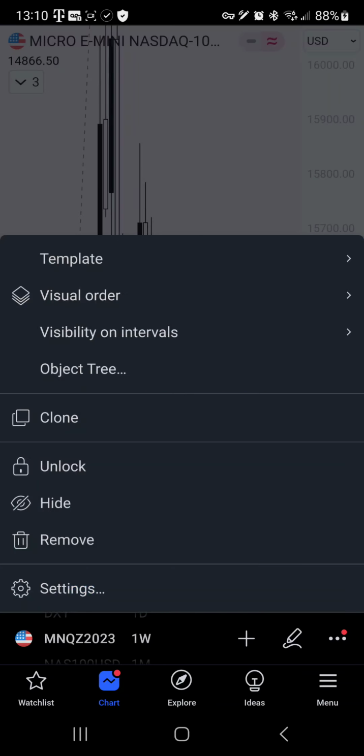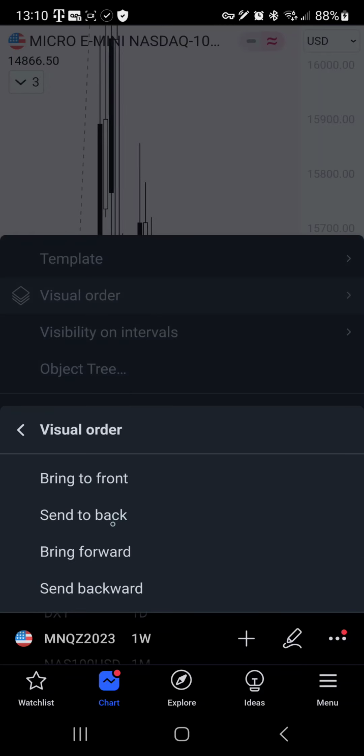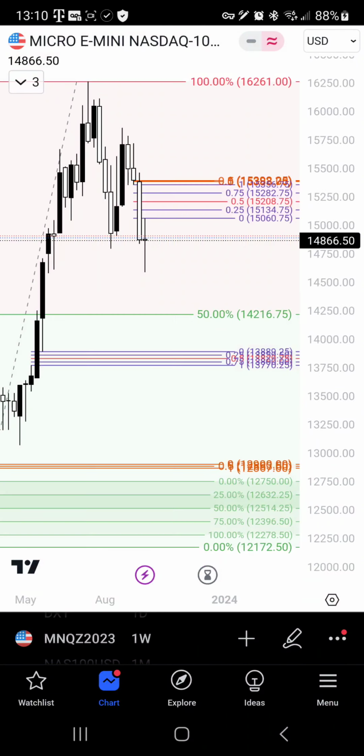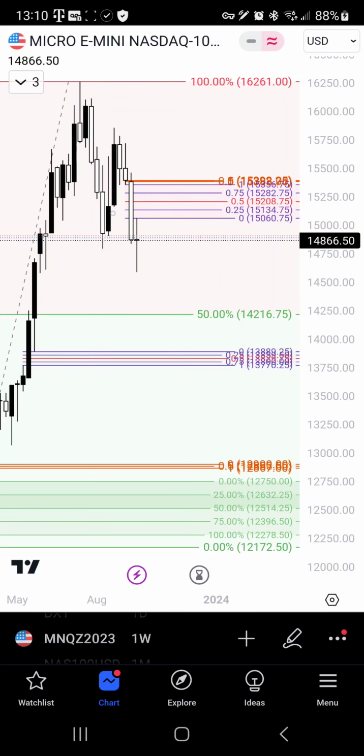Okay, lock that. Send it to the back. This volume imbalance has already been mitigated, but it could come back to it, which the 50% is above it. I'm not going to mark that.